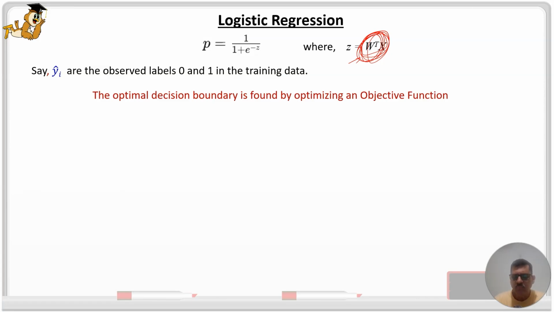All we are saying is, instead of using a metric like the hinge loss function or some sort of square error, we are going to come up with an objective function that makes sense, because we are dealing with probabilities. So it's clearly going to be linked to probabilities. So the optimum decision boundary is still going to be found by optimizing an objective function, and now I'm going to come up with an objective function in terms of these probabilities that makes sense.